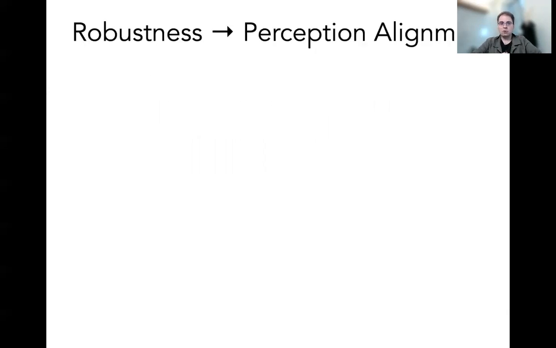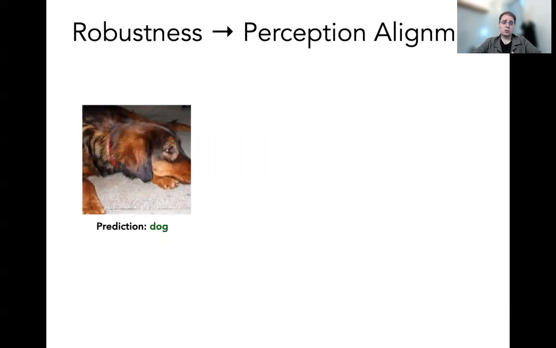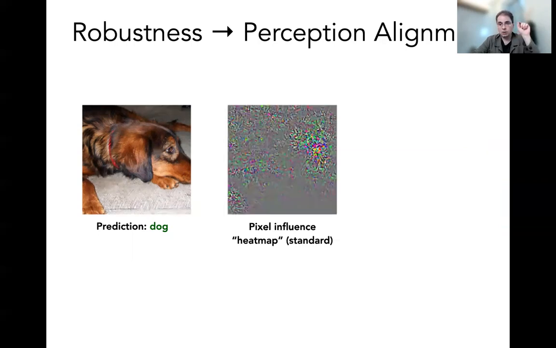The first thing we observe is that this robustness prior implies better perceptual alignment. Here is one simple way of visualizing this. One way of trying to intuit what drives a model's prediction is to look at the pixel influence heat map. I look at every pixel of an image and check how much perturbing this pixel can influence the prediction of the model.